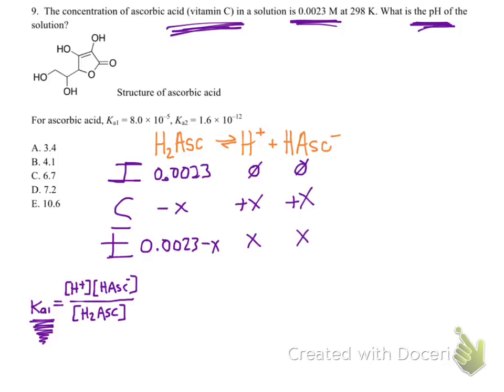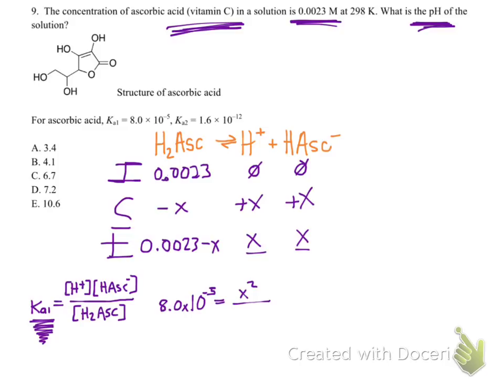Now we're going to plug our values into our equilibrium expression. So 8.0 times 10 to the negative 5th is equal to x times x, or x squared, over, and remember there's a nifty little shortcut we can use in this class.